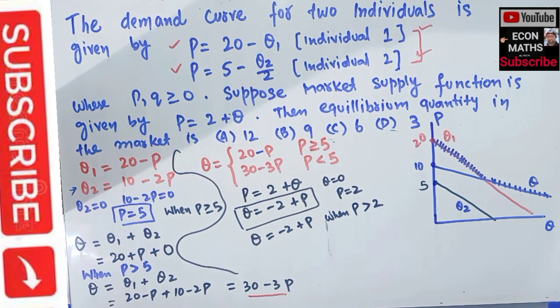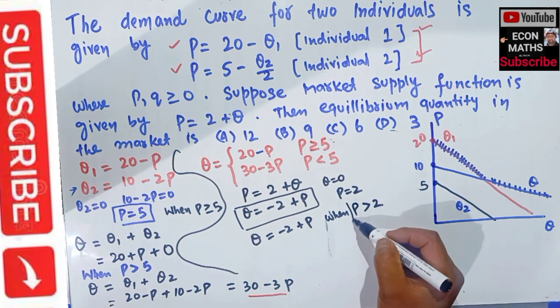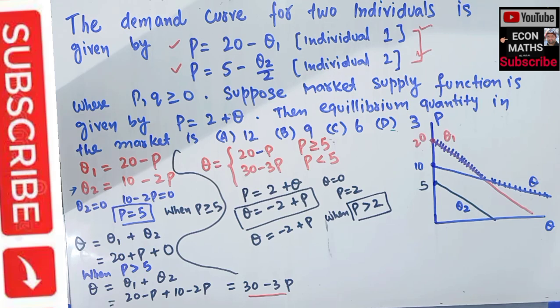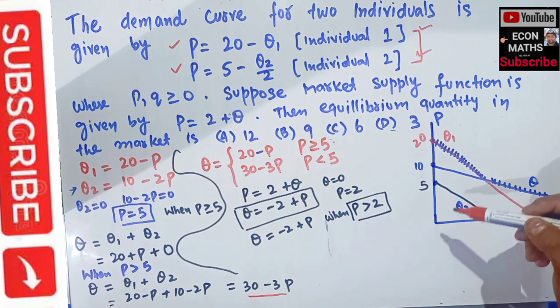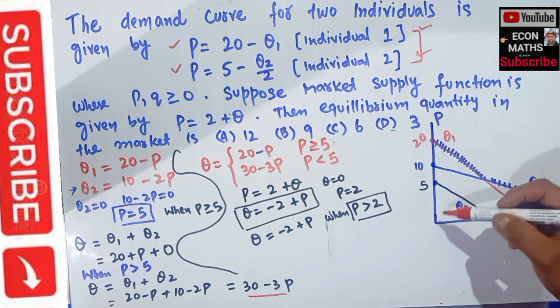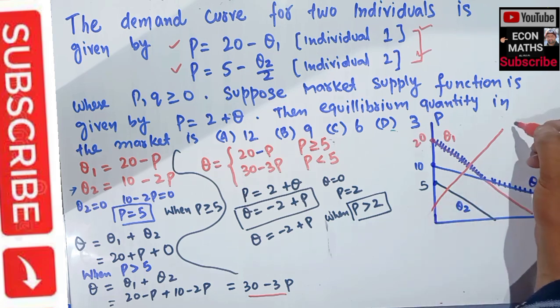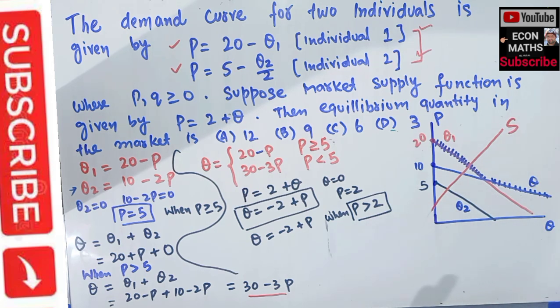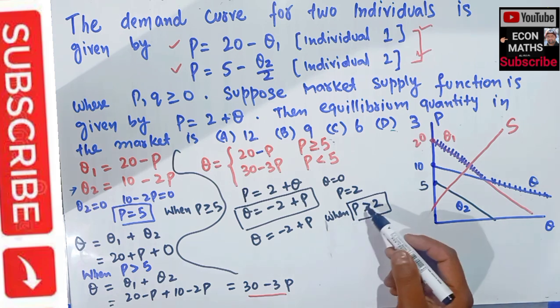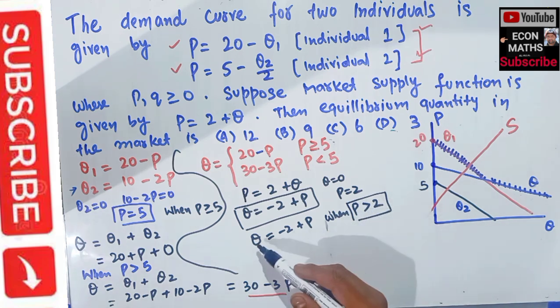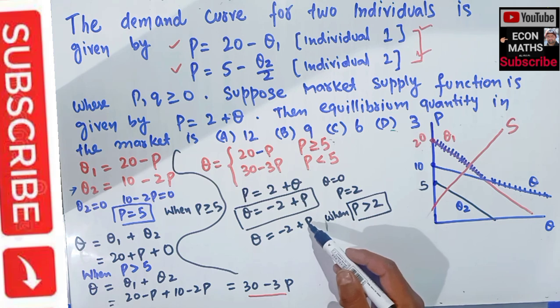Now let us see the conditions here. When p is greater than 2, our supply function will look like this. Let us say this is our supply function. So when p is greater than 2, our supply function will be minus 2 plus p.